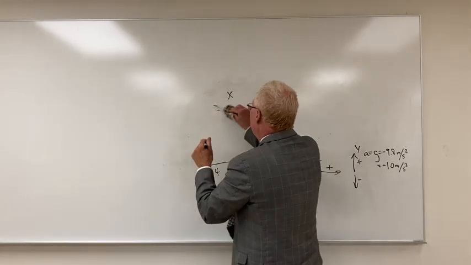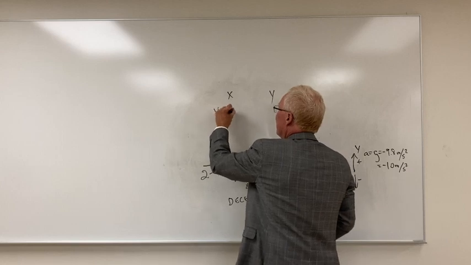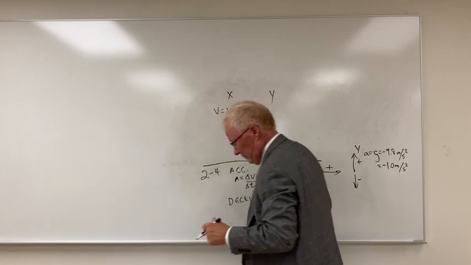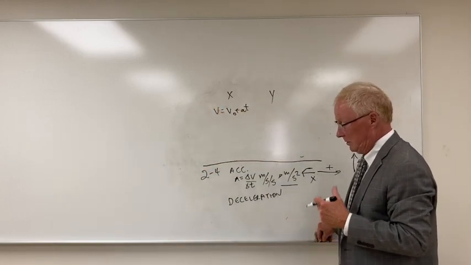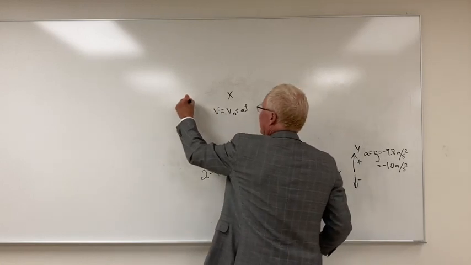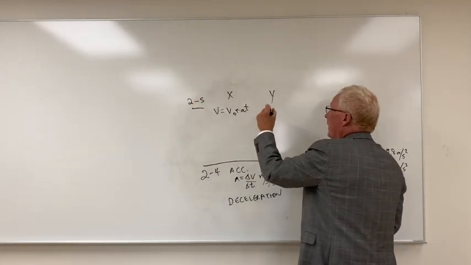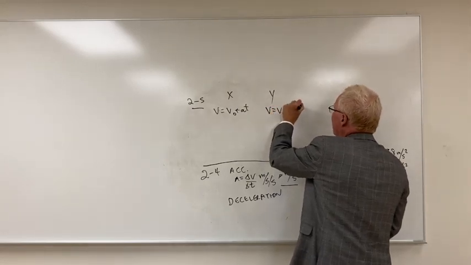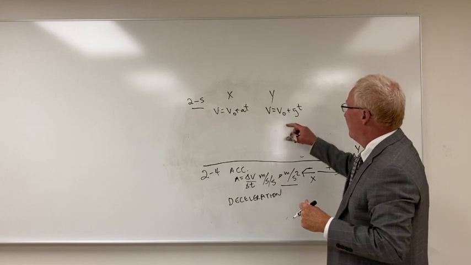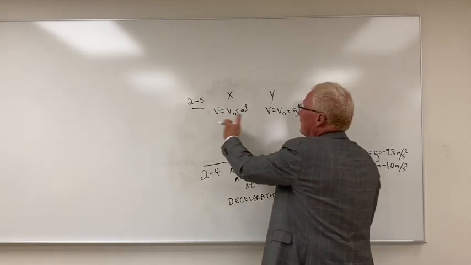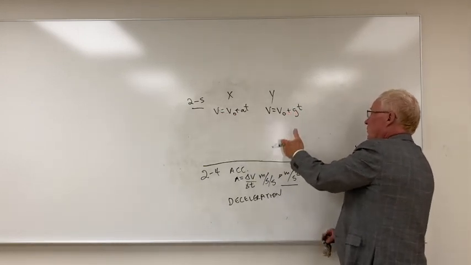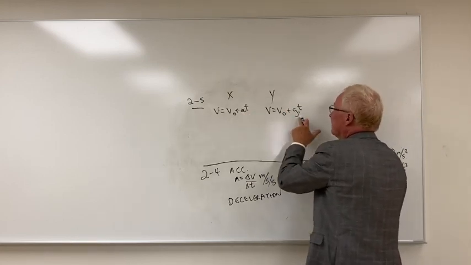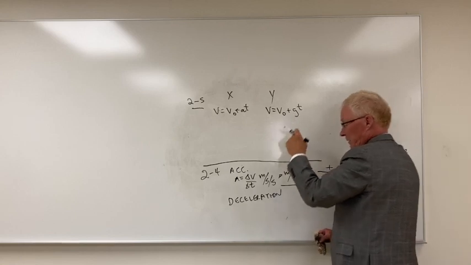These are equations listed in chapter 2, section 5. In y, v is v naught plus gt, right? So these are both, whether we're going in this direction or this direction. For here, a is assumed to be a constant. For here, this is acceleration of gravity.